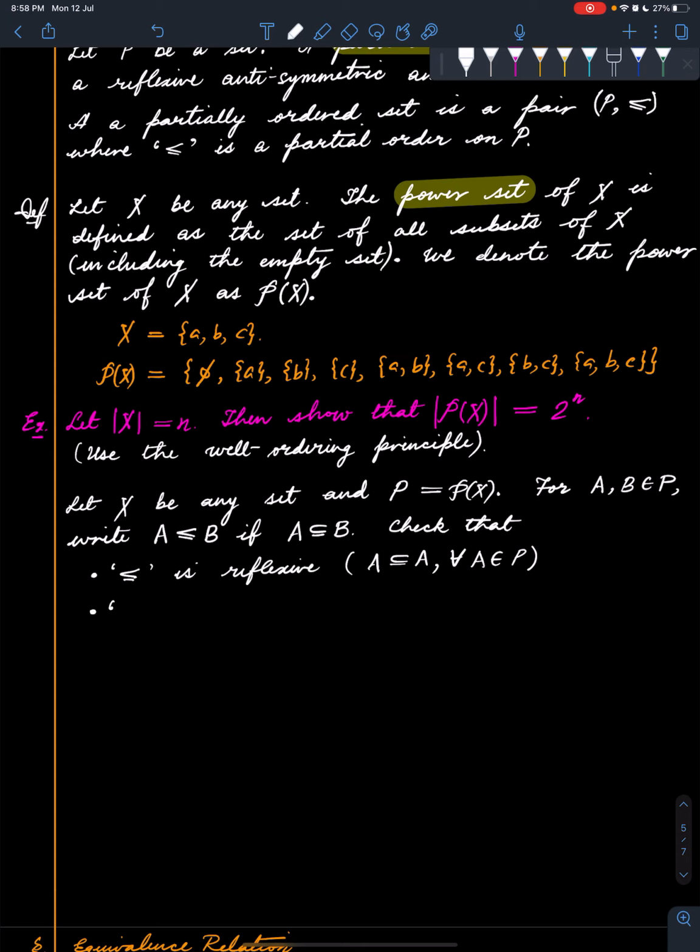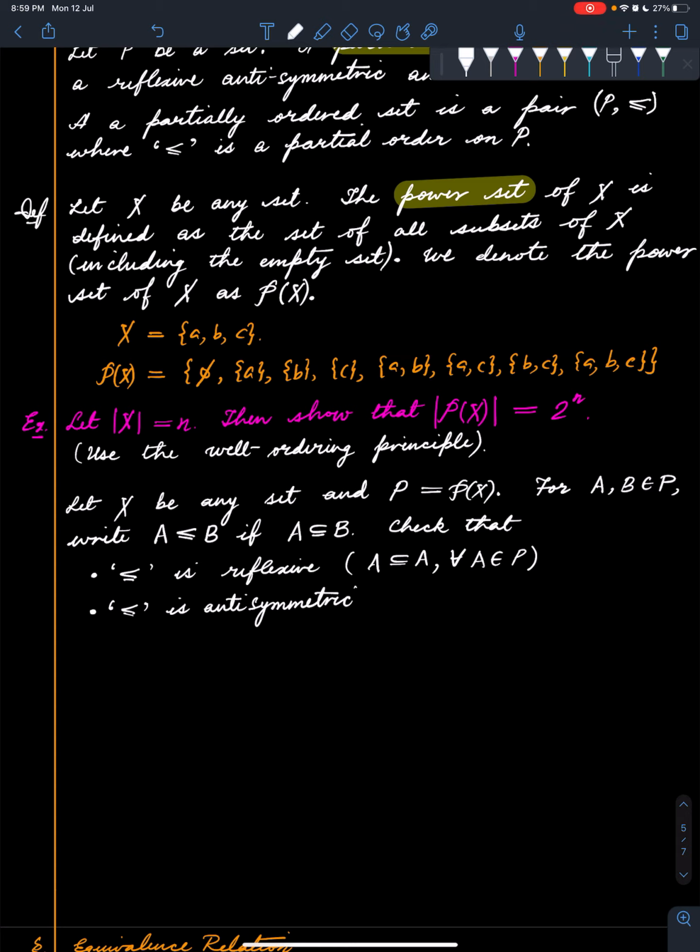Second thing is antisymmetric. So what does that mean? It means that whenever we have distinct elements A and B with this holding, we cannot have the other way around.